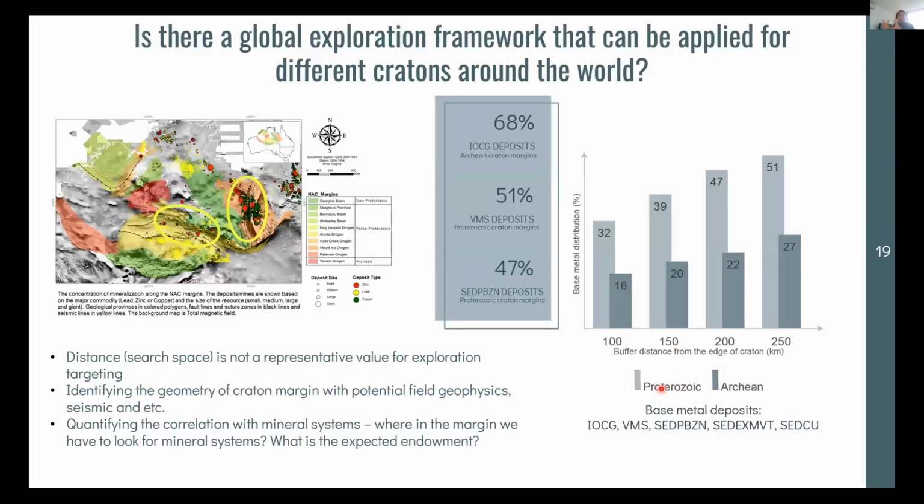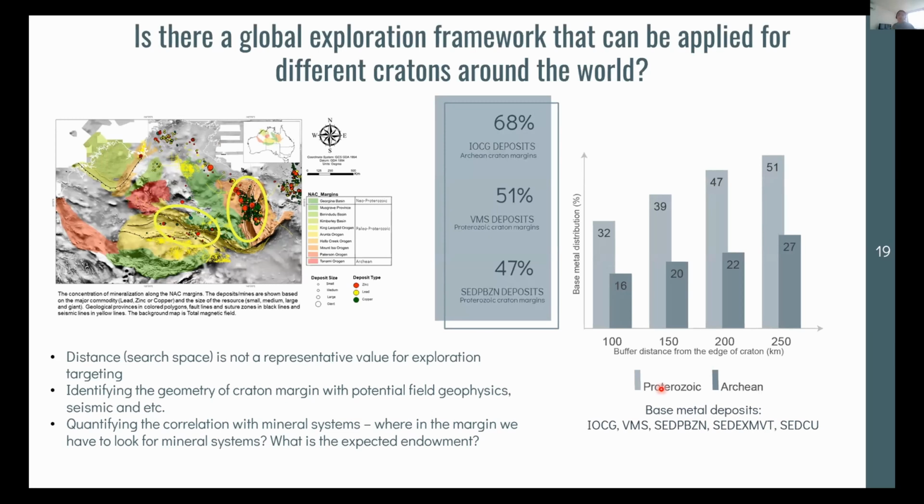The last part of my project, which I haven't done much about, I just tried a little bit to figure it out, is how the mineral system endowment is linked to these structures. We know previous studies talk about this distance, but they generally talk about a buffer zone.